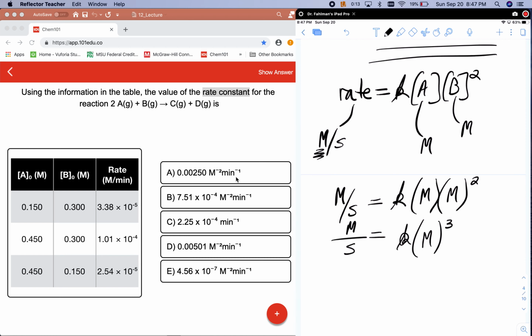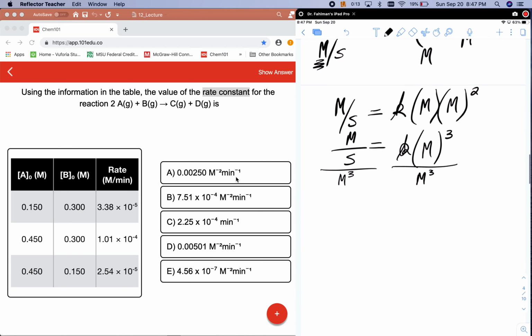Then we can divide both sides by M cubed, and what you get out of that should be 1 over M squared seconds.